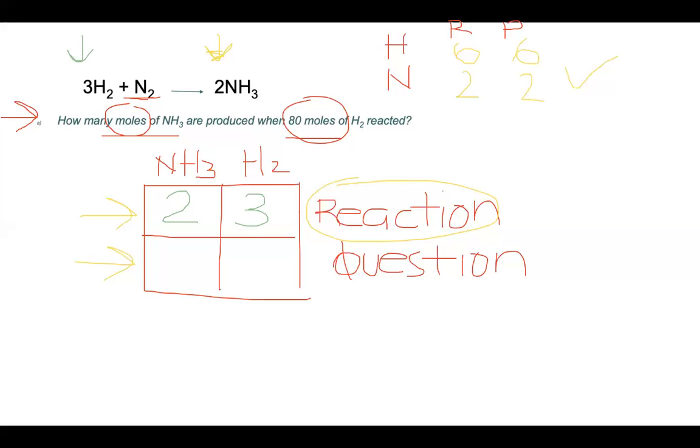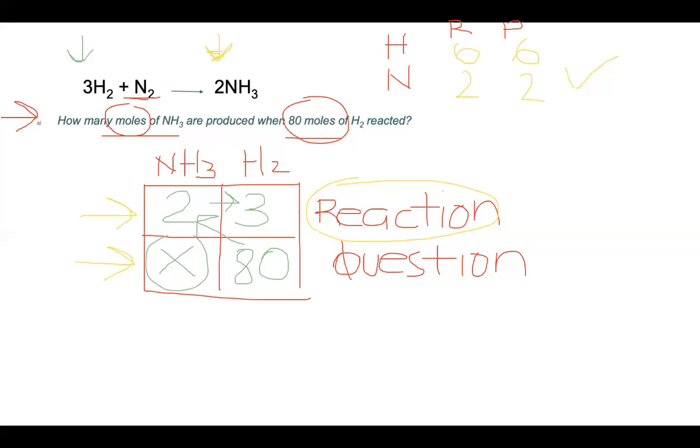The next thing to do is move to the question. The question says, how many moles of NH3 are produced when 80 moles of H2 react? So here I write my 80 because this is what I have from the question, 80 moles of H2. And this is what we are looking for: how many moles of NH3 are produced. So now I have to solve for X. We multiply what we have in diagonal and divide by what we have in horizontal.